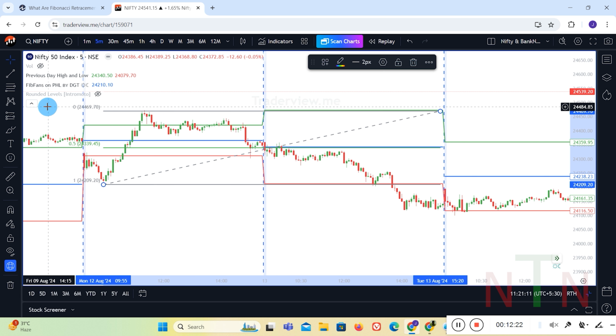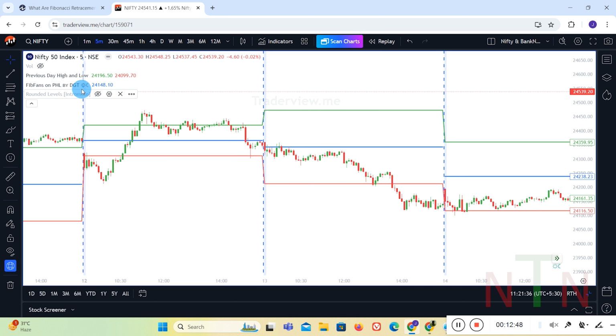So instead of doing it manually, we have an indicator itself, called Fib Fans on PHL. You can check in your trading platform whether you have this, so the Fib is drawn automatically on the previous day high low. It is called PHL, previous day high low. I'm just showing the settings also.